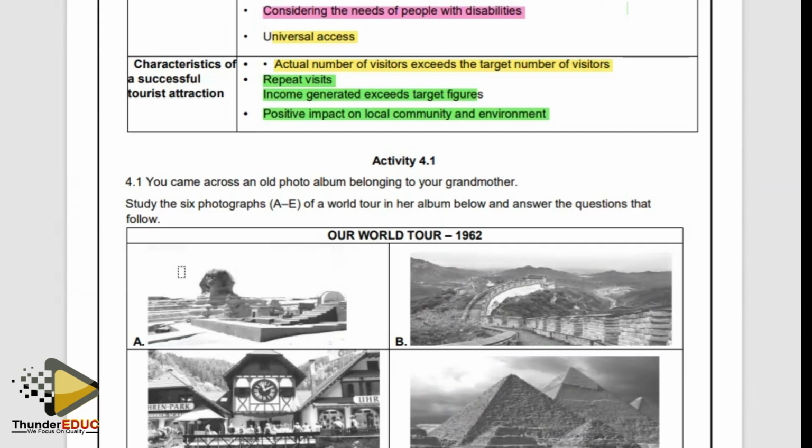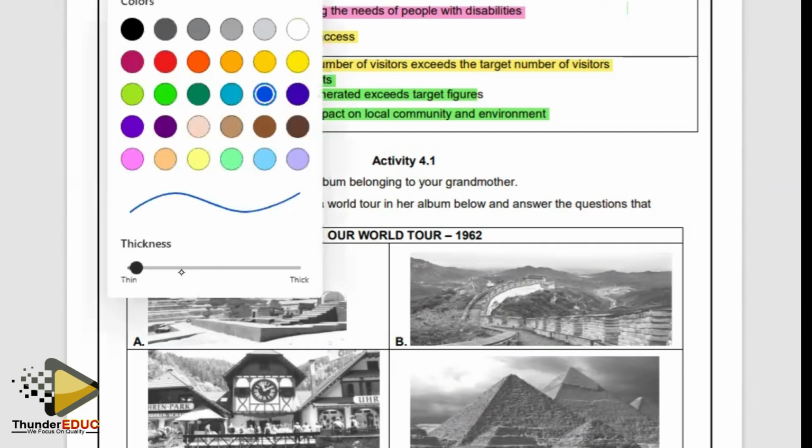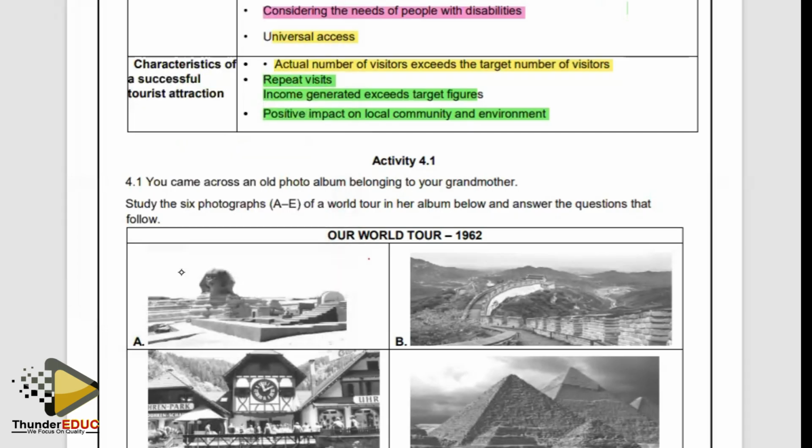So the first icon which you are going to identify would be known as the Sphinx. Why are we saying the Sphinx? Simply because the Sphinx fits the description of a giant statue with a lion's body and the head of a human being.